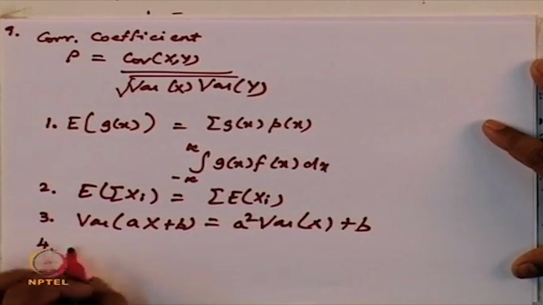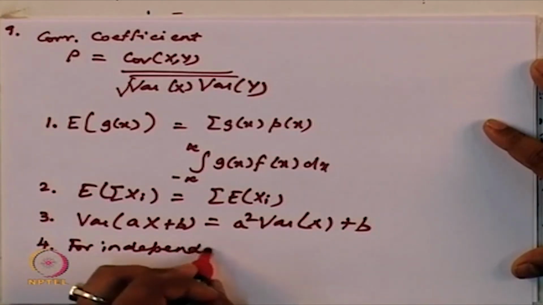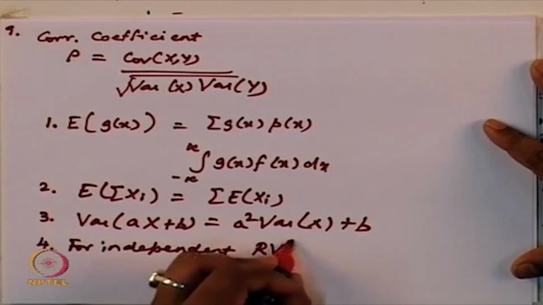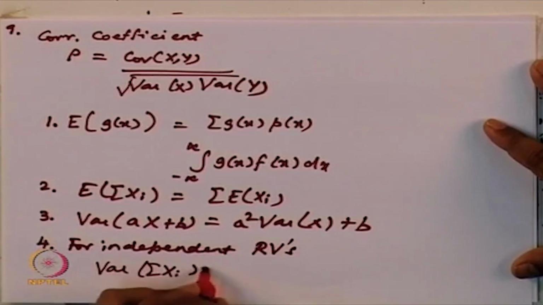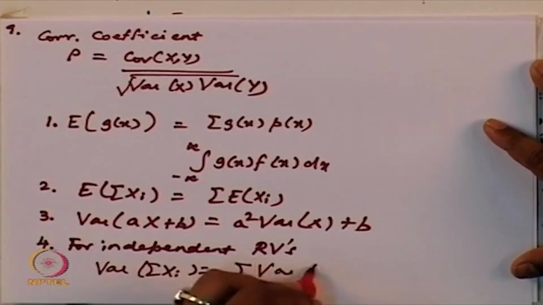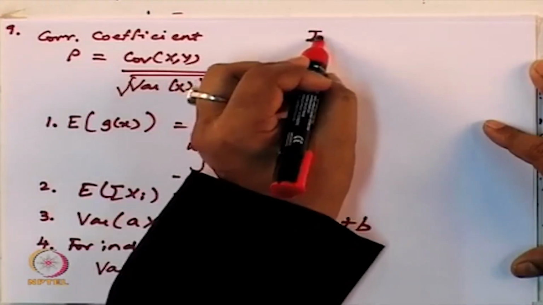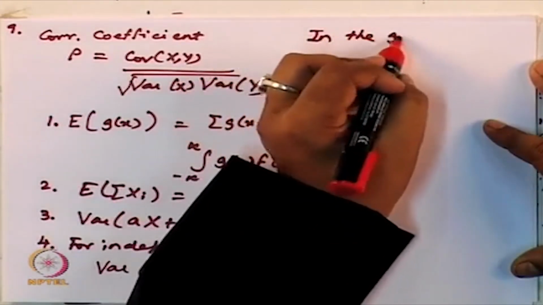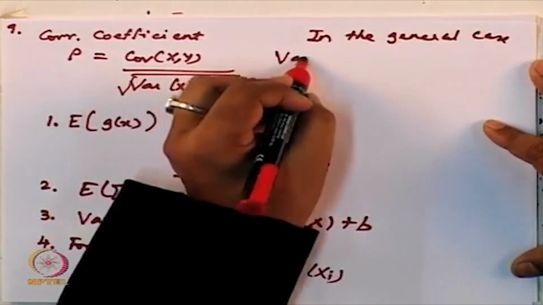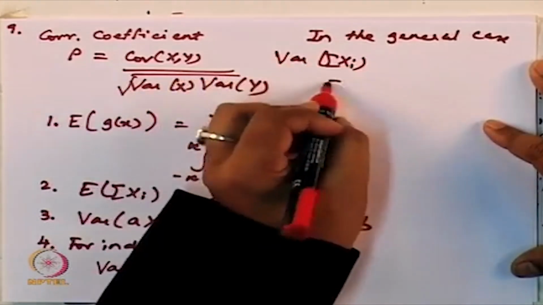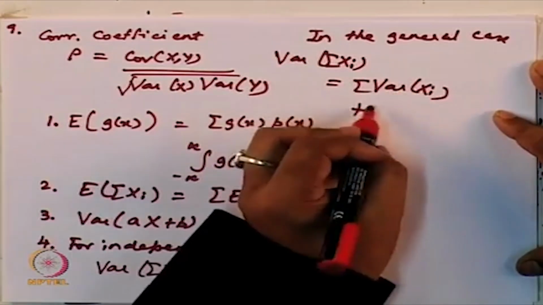Okay. For independent random variables, you can have variance of summation xi equal to summation variance of xi. But in the general case, you have variance of summation of xi is summation of var xi plus the covariance terms.